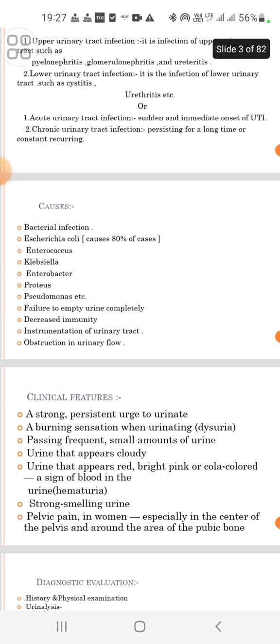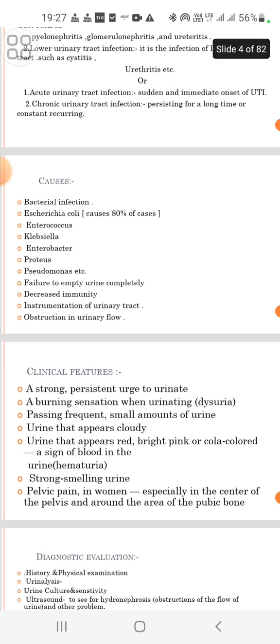Now if the person has UTI, the appearance, the color of the urine, will change. It appears cloudy. Generally the person has an aromatic smell and a yellowish, amber color of the urine.